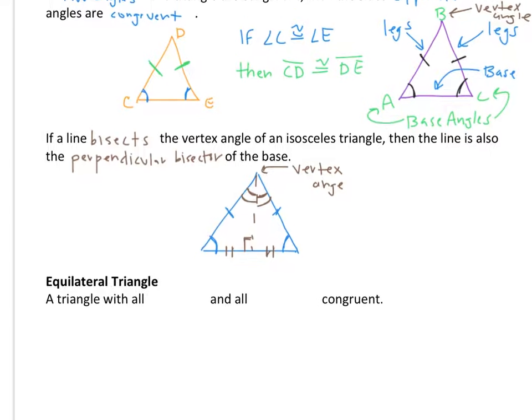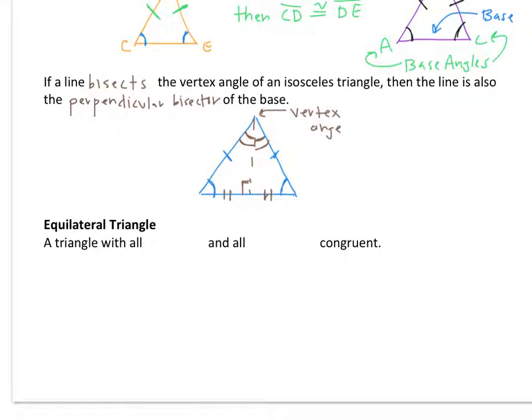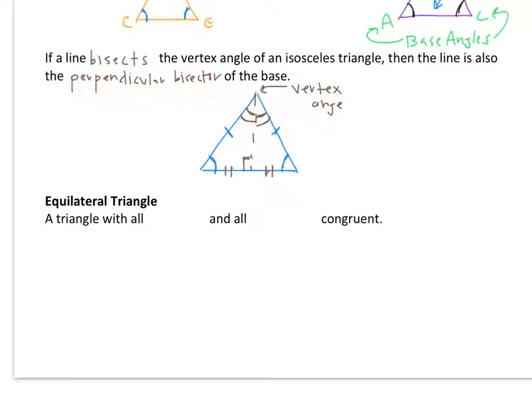All right, the next piece we are going to talk about is an equilateral triangle. An equilateral triangle is a triangle with all sides and all angles congruent.